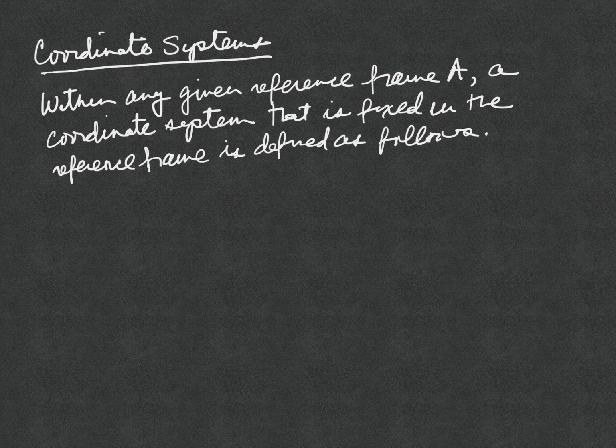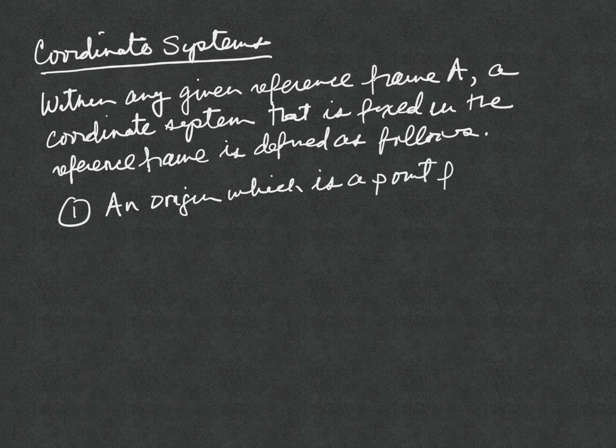So first, we need an origin, which is a point from which all distances are measured.